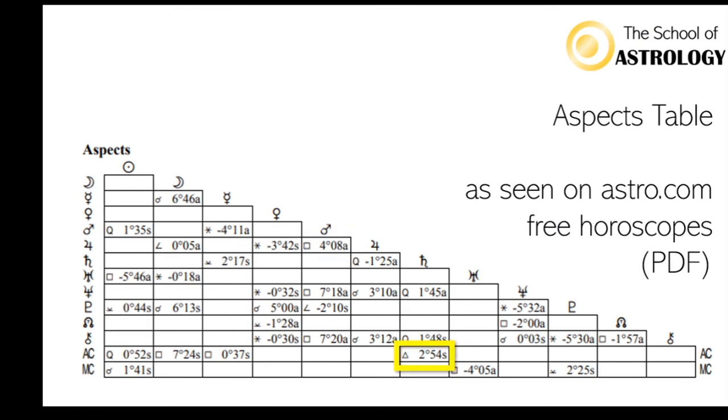So now here, as another example, we have a trine between Saturn and the rising. So the trine is bigger than the actual trine would be. A trine is 120 degrees, and this is an aspect bigger than a trine, so it would be 122 degrees and 54 minutes. Okay.